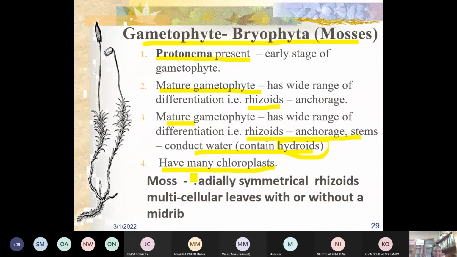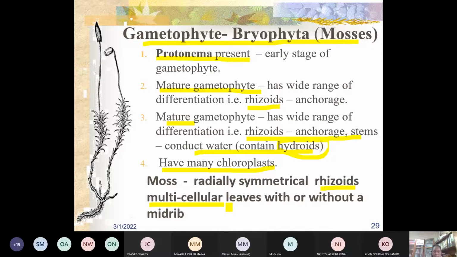Now, if you look at the moss, this is the moss, it's radially symmetrical. So it's not like we saw dorsiventral structures. No, this is radially symmetrical. So it's round. So you can see all the parts are arranged in a circle from the top to the bottom. Then the rhizoids tend to be multicellular.